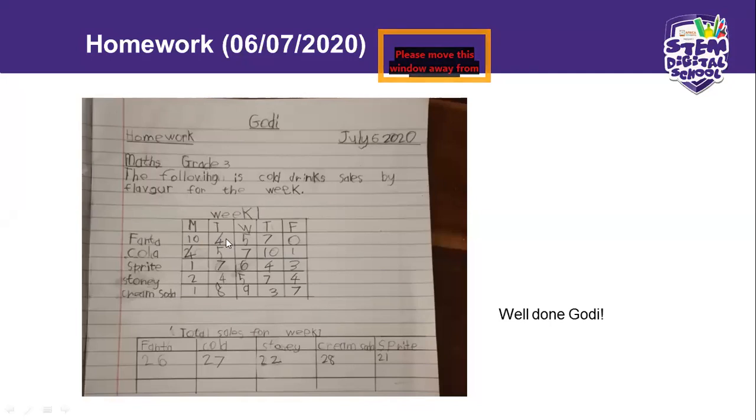On Wednesday, 5 Fanta cold drinks were sold. On Thursday, 7 Fanta cold drinks were sold. On Friday, nothing was sold. So the same applies to all the different cool drinks, all these numbers in terms of what was sold.